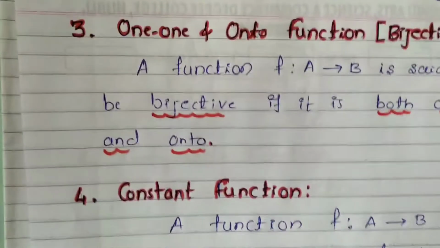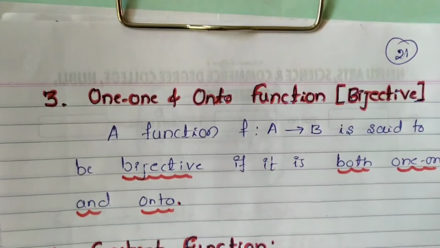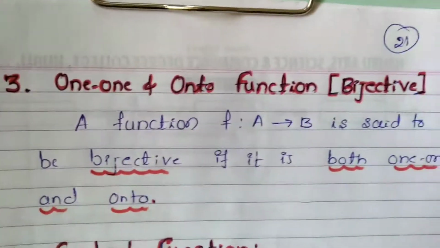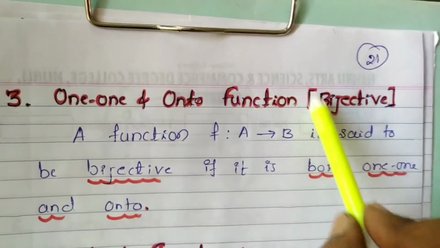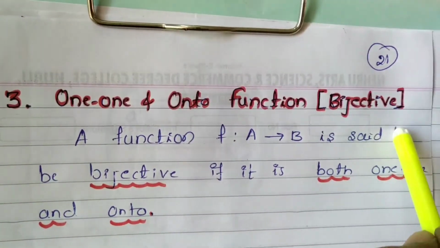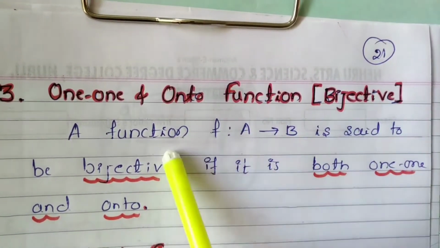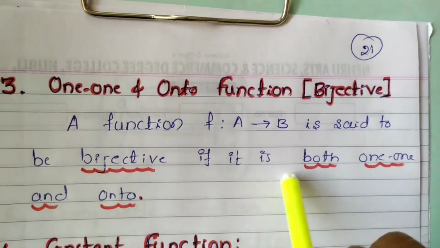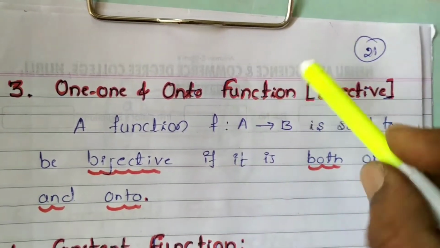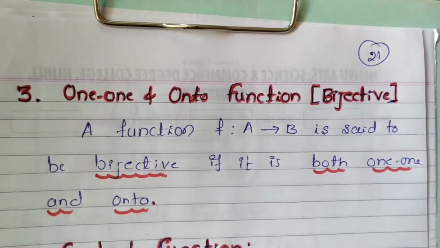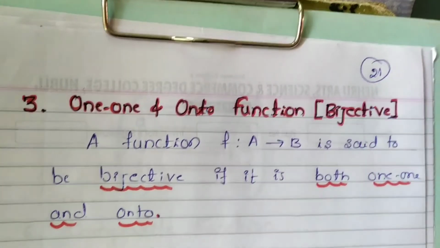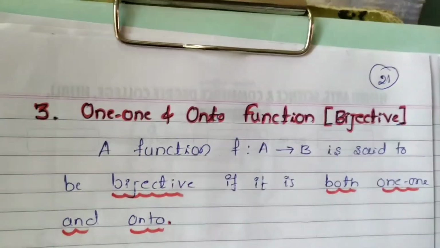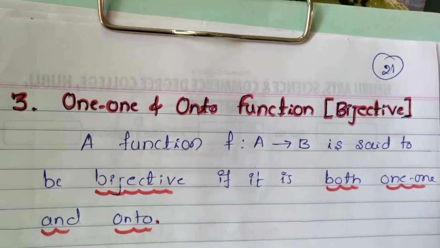We defined the 1-1 function and the onto function, namely injective and surjective. Next let us go to the bijective. A function f from A to B is said to be bijective if it is both 1-1 and onto. When both conditions are satisfied, it is called a bijective function. Bijective means it is both injective and surjective.